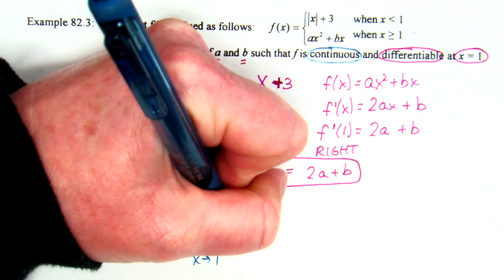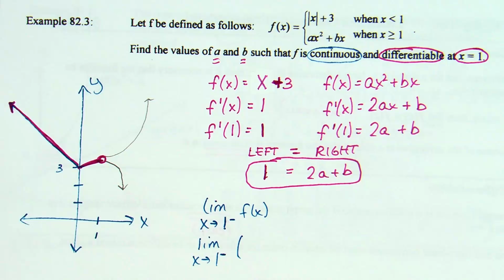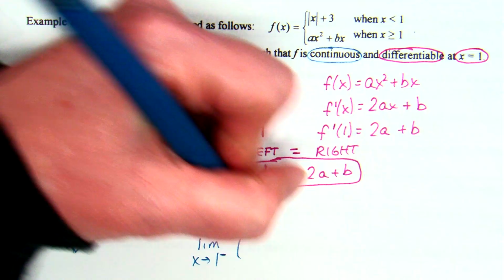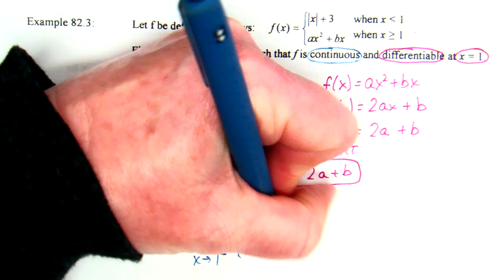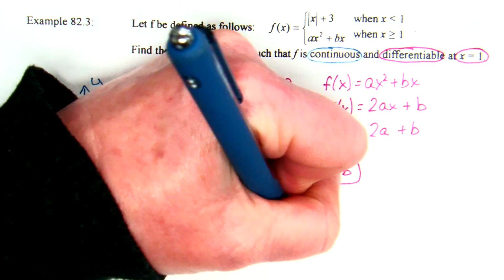The equation on the left is x plus 3. I have written down here absolute value of x plus 3, but it won't matter either way. And what is that limit? 4, right? You put in 1, and that's going to be 4. Now let's check the limit on the right.